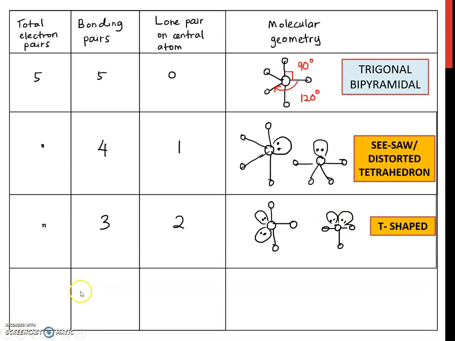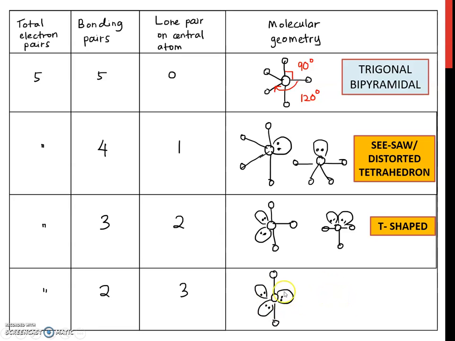Next, if 2 bonding pairs and 3 lone pairs on the central atom. So you take from here 1, 2, 3 as lone pairs. 1, 2 for bonding pairs and 1, 2, 3 for lone pairs on the central atom.